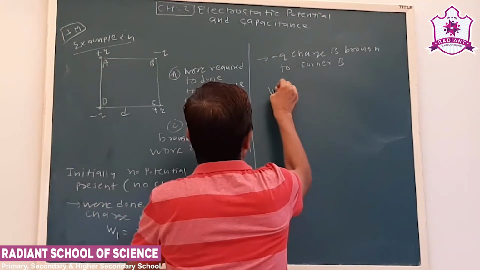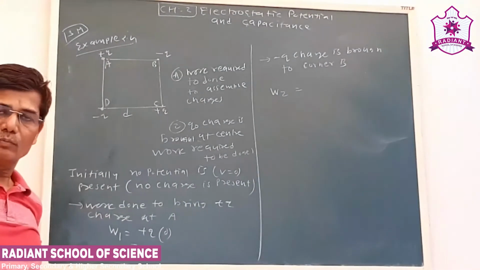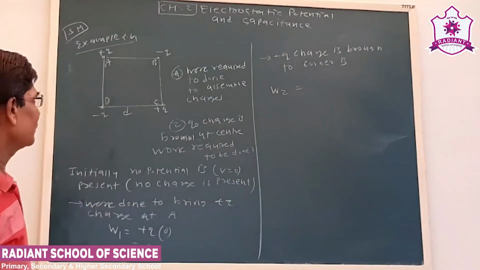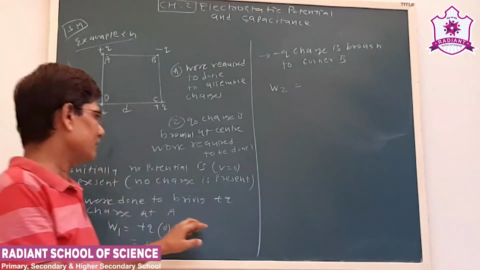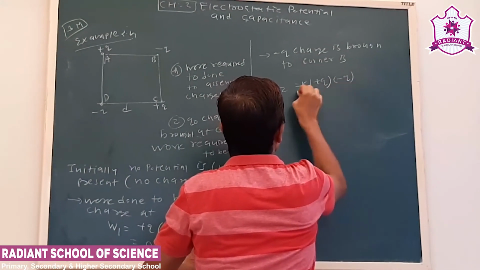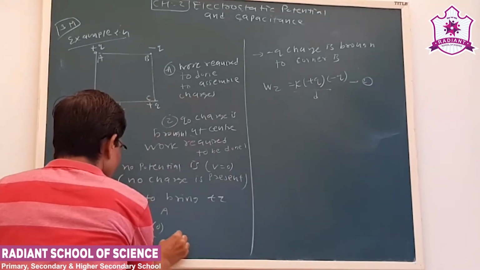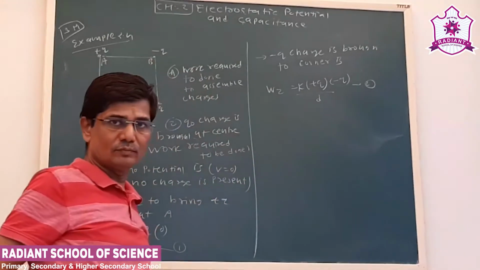Now see the work done W2. What we have is the potential energy of a system of two charges. So that will be K plus Q minus Q upon D. Now let us say this was equation number 1, this is equation 2.